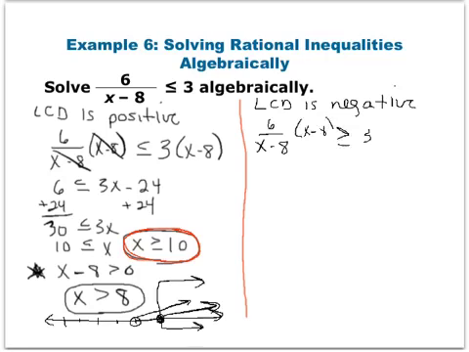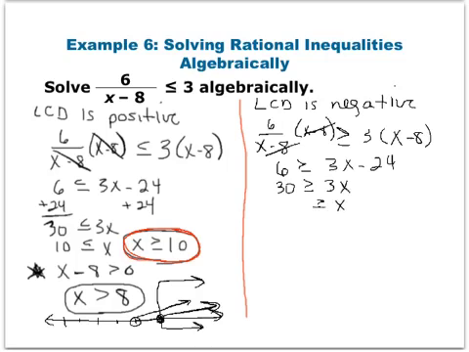Multiply by x minus 8, x minus 8. I have 6 greater than or equal to 3x minus 24, plus 24 to both sides, x less than or equal to 10. I don't like them written like that. I can graph them easier this way, I can read them easier this way, I just need a variable in the first spot. So, x is less than or equal to 10.